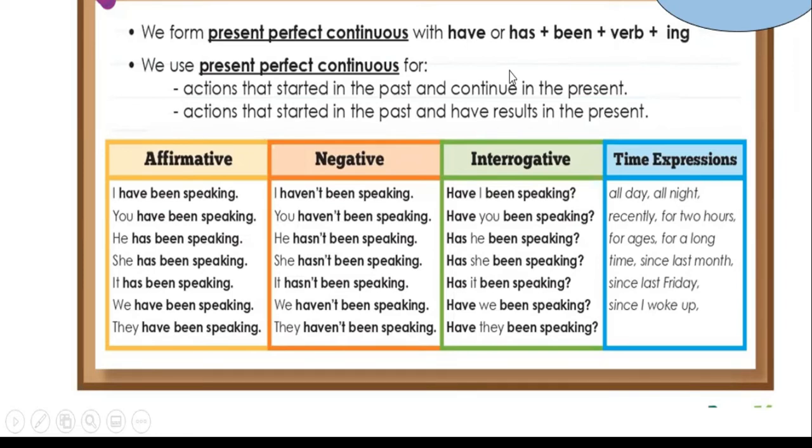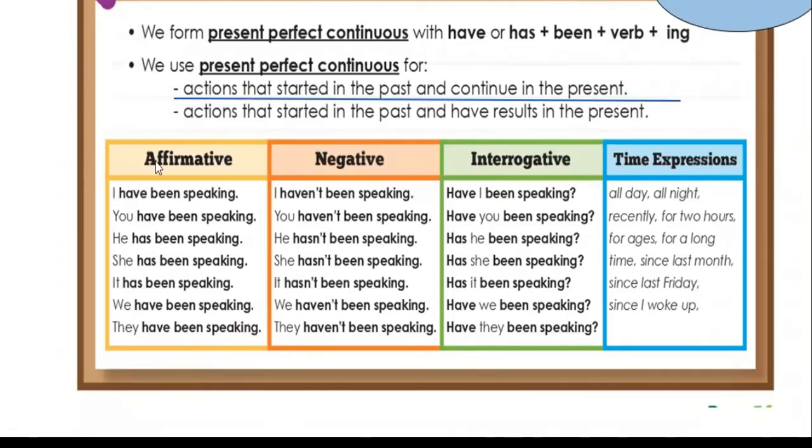We start with the subject and then have or has, the next word is been, and finally we put the verb, any verb, ending in ing, okay? We use the present perfect continuous for actions that started in the past and continue in the present, or actions that started in the past and have results in the present. Which one is correct? The first, yes, very good.